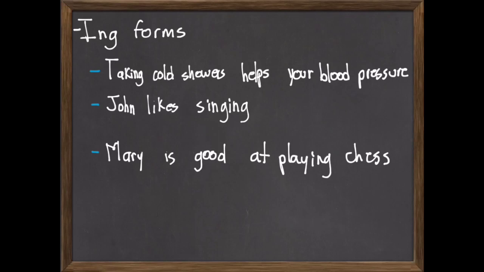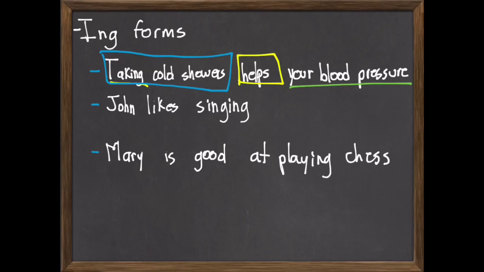The first example: taking cold showers helps your blood pressure. Here, taking is an ing form, a verb that has the ing form. In this case, the ing form is the subject of the sentence. Taking cold showers can be used as the subject, and the actual verb is help, to help something, and the complement is your blood pressure.